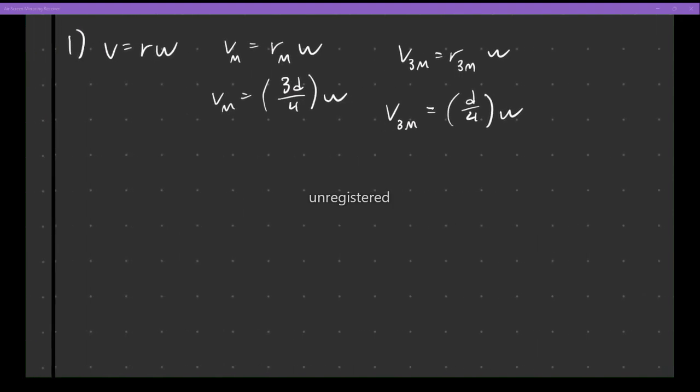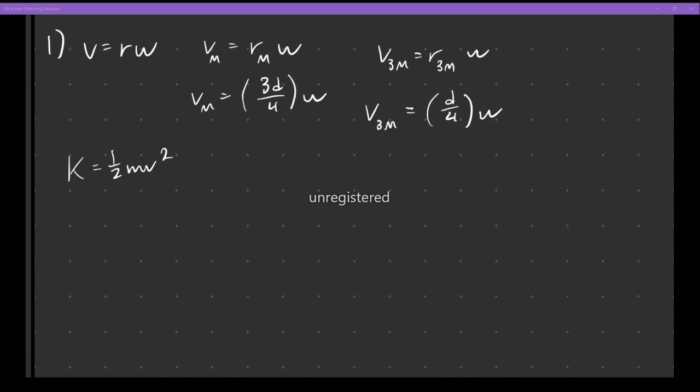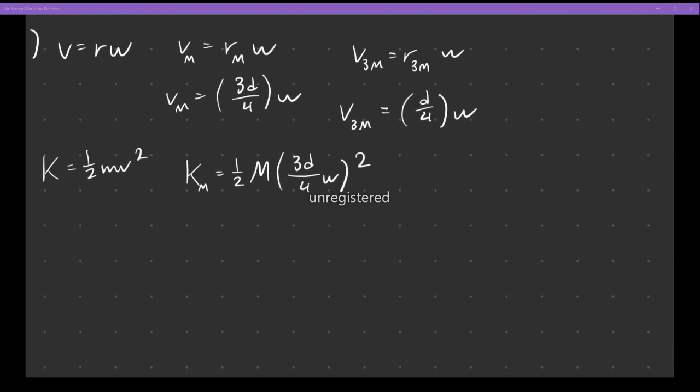So now that we have the velocities, we can set up K. So K equals 1/2 m v squared. For K of just m, I can do 1/2 m, and then v we found right there is just 3d over 4 omega, squared. And then for K3m, 1/2 3m, and then inside, d over 4 omega, squared.